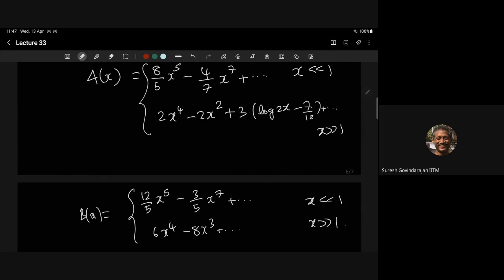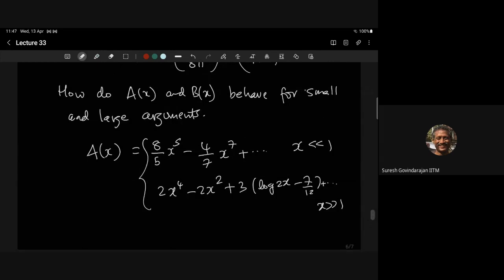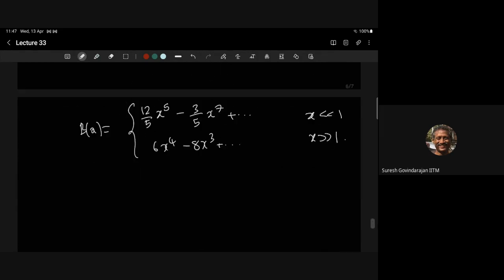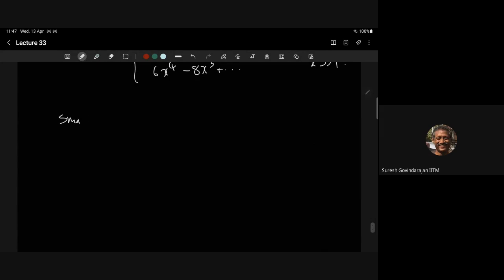So one thing, you can see that if x is small, this is actually the non-relativistic limit because pF will become small. Okay, so small x is the non-relativistic limit.